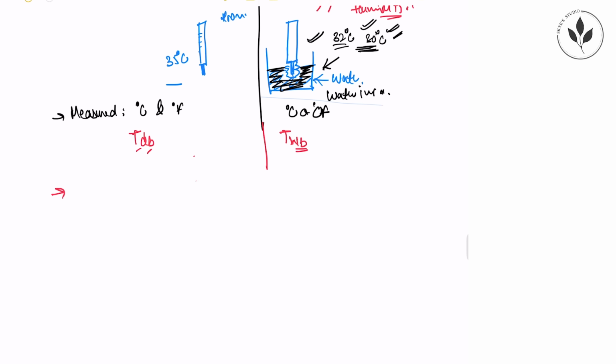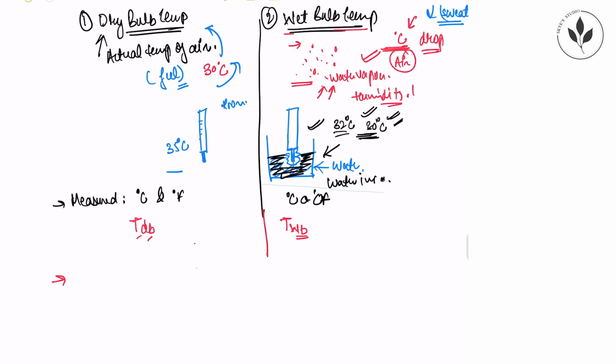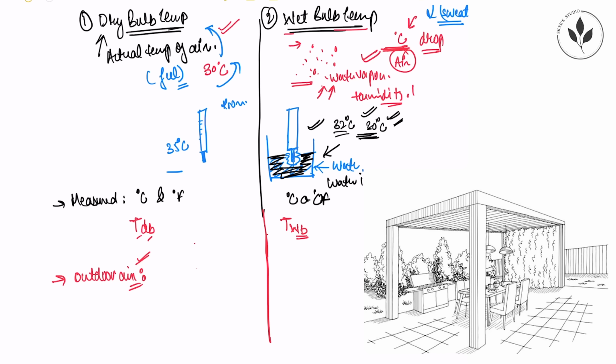Now, how does dry bulb temperature help us architecturally? In designing our outdoor areas, if we know the dry bulb or the actual temperature of the area, we can decide what type of material to be used, what type of conditions and what kind of design is to be made for your outdoor area, so that you can have a good comfort level, not much heat, not much cold.